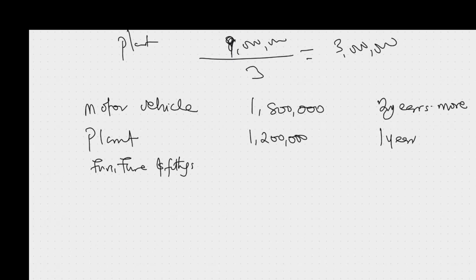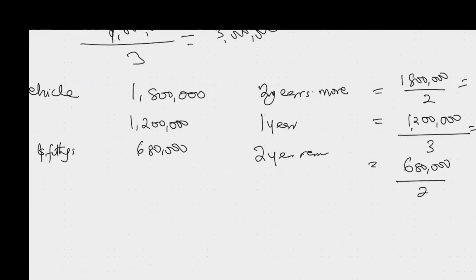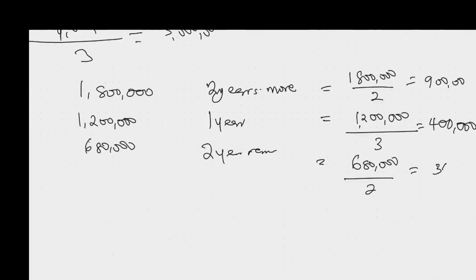How many years has gone? 3 years. Good, solid students. 3 years has gone, 2 years remaining. Divided by 2, what do you have? 340. So that's annual allowance for that one.